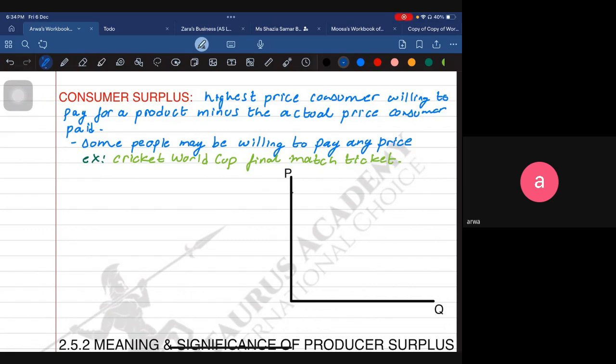Yes, you can, because the consumer surplus is the area under the demand curve and above the price. Very good. Exactly, it is under the demand curve but above the market price. Let's say this is the market price. So that whole area is the consumer surplus.